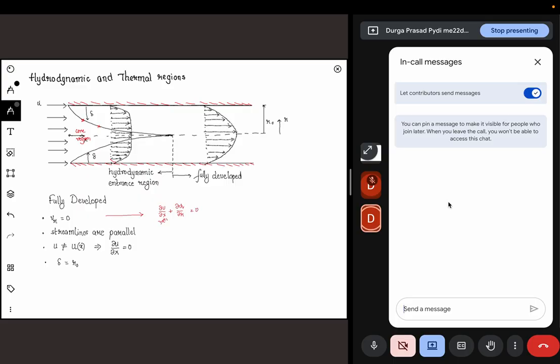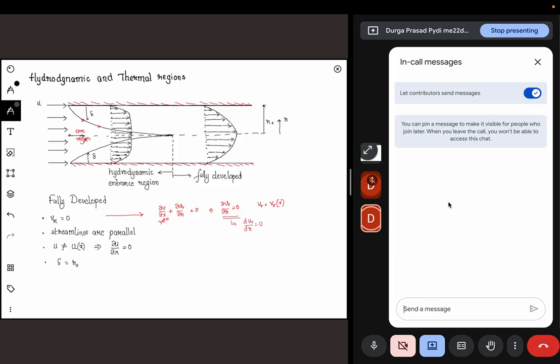And under the fully developed condition, even del V del X equal to 0. So this means V_R should be only a function of R, so dV_R dr equal to 0.